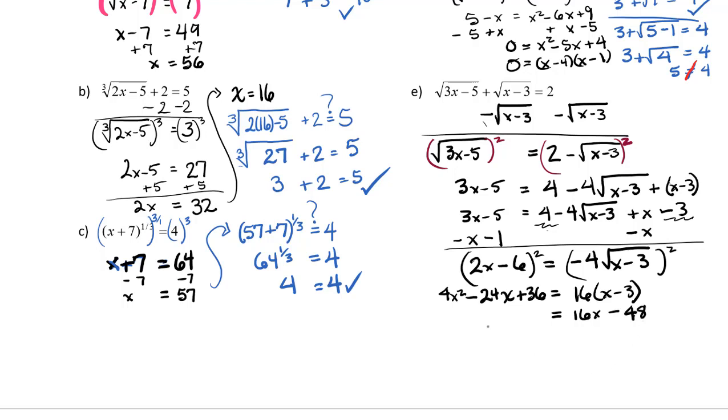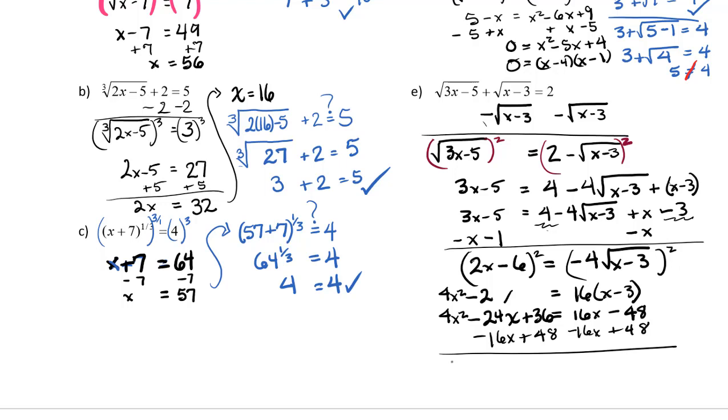I can bring that to the other side. And we have 4x squared minus 40x plus 84 equals 0.